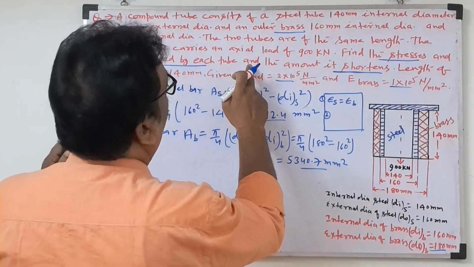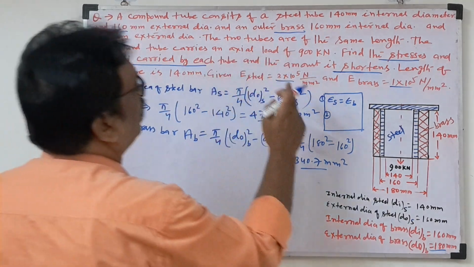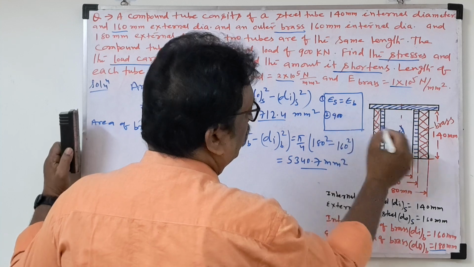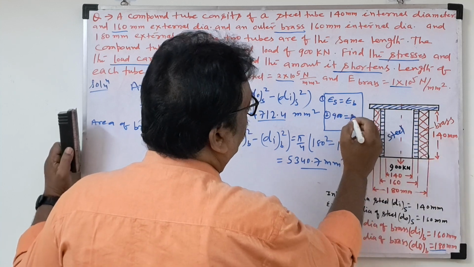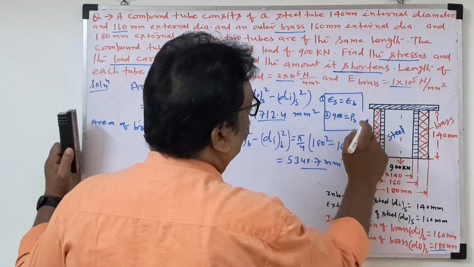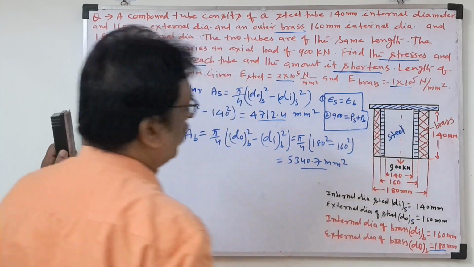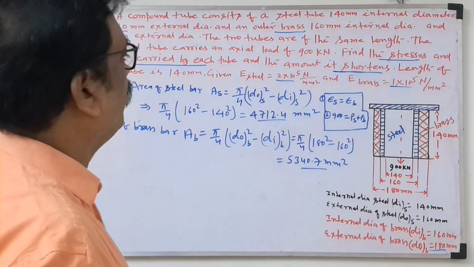The compound tube carries the axial load of 900 kilonewton, which will be equal to the sum of the loads on steel and brass, so PS plus PB. Based on these two conditions we can solve for the other unknown values.